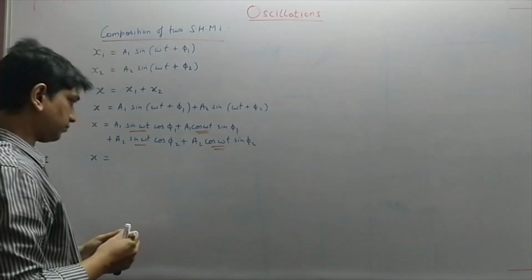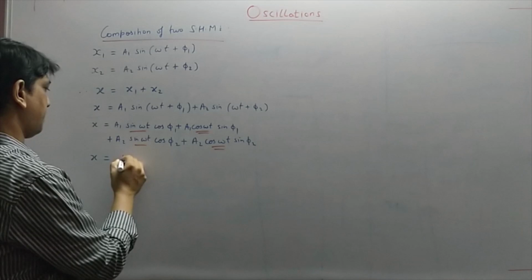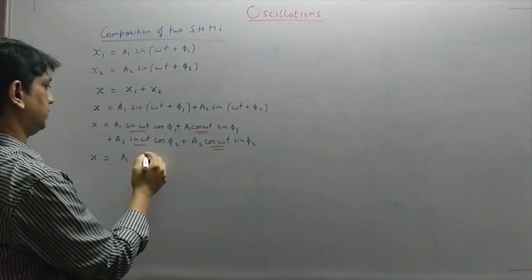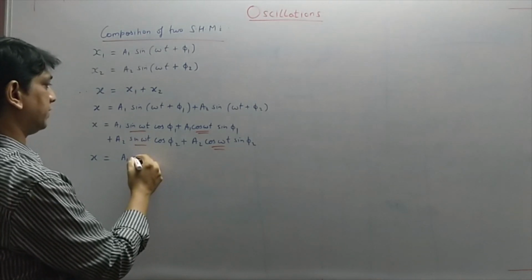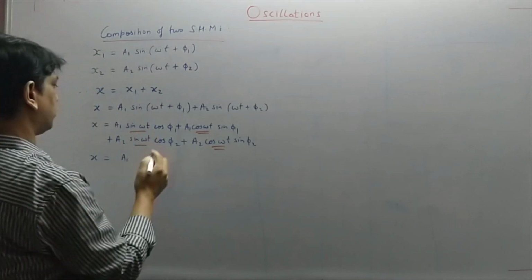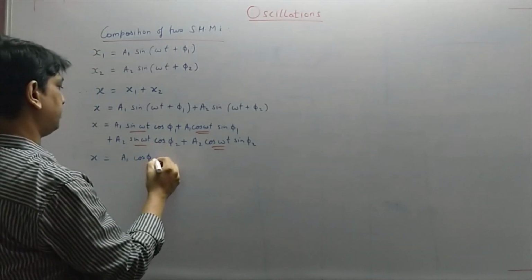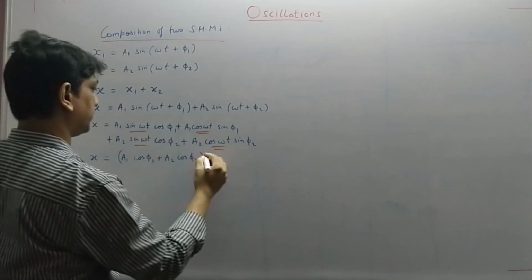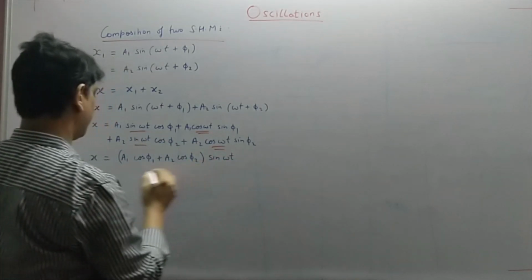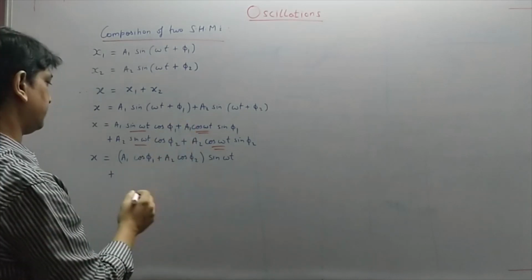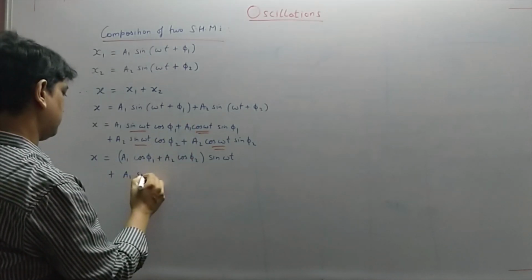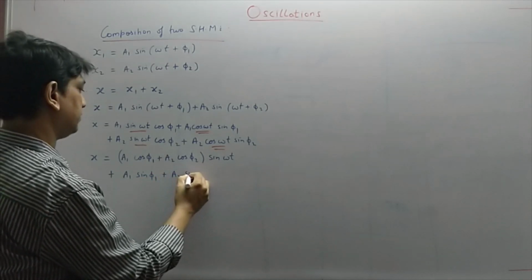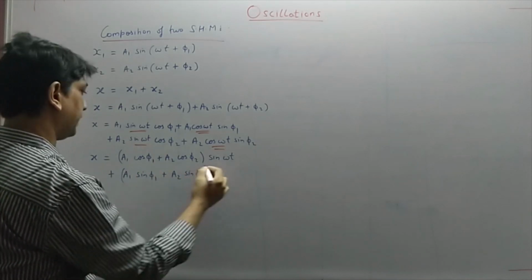So we can write directly in the bracket a1 cos phi 1 plus a2 cos phi 2, bracket common is sin omega t, plus similarly here we can write a1 sin phi 1 plus a2 sin phi 2. The bracket, what is common in this?